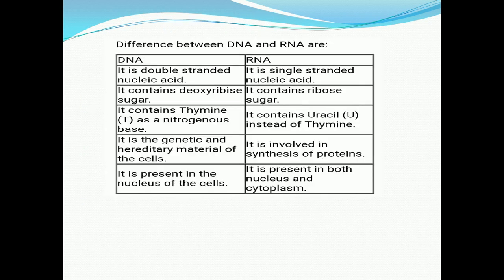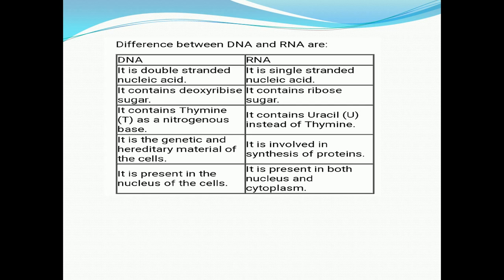Now, what is the difference between DNA and RNA? DNA is a double helical structure. It is a double stranded nucleic acid, whereas RNA is a single stranded nucleic acid. DNA contains deoxyribose sugar, whereas RNA has ribose sugar.